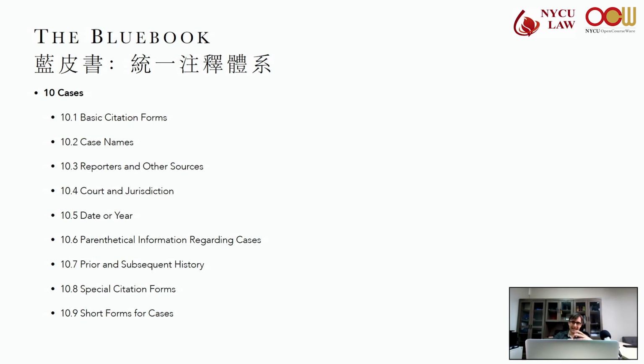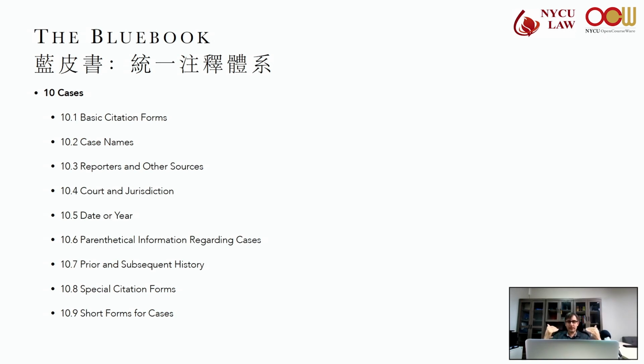So, for example, here's the Youngstown case. In footnote 1 and 2, we have id. And number 3, we have id. But now we're talking about the Jackson concurrence. We have to indicate that in a parenthetical. Now that concurrence becomes the new id standard.